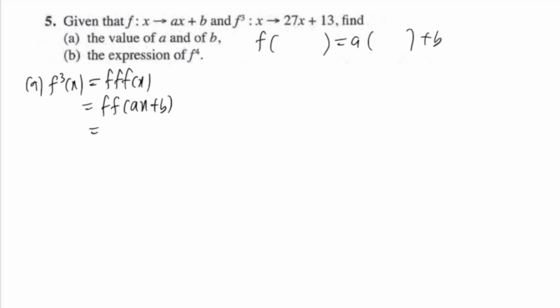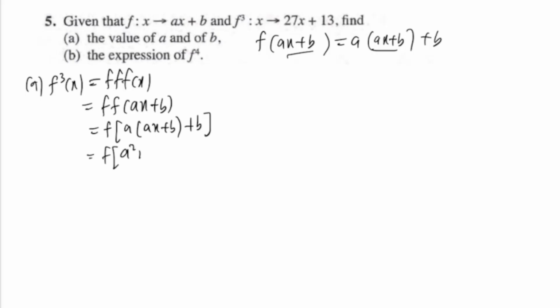So think of a bracket. If I put ax plus b inside this bracket, I need to put ax plus b inside this bracket as well. So it's going to look like this: a times (ax plus b) plus b. If you find this a bit confusing, please write it down like this, it's easier to understand. So let's expand this further.